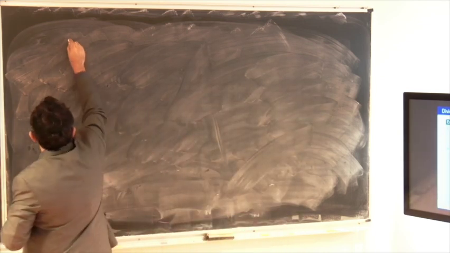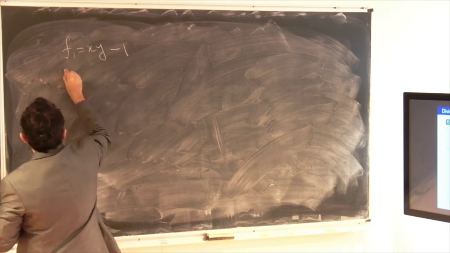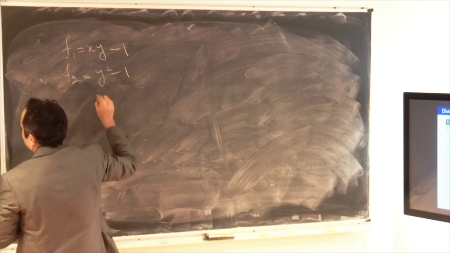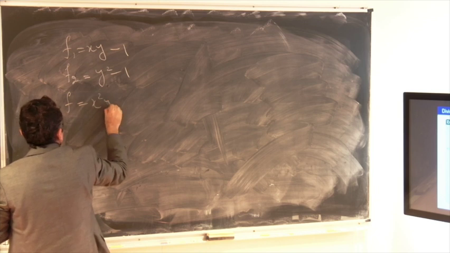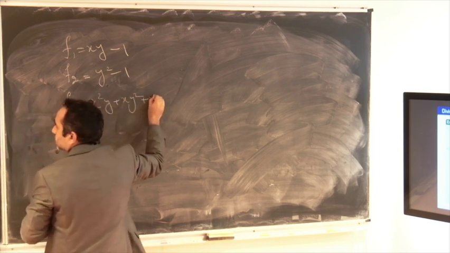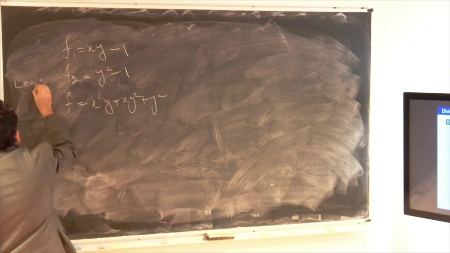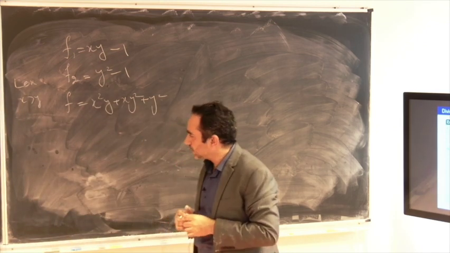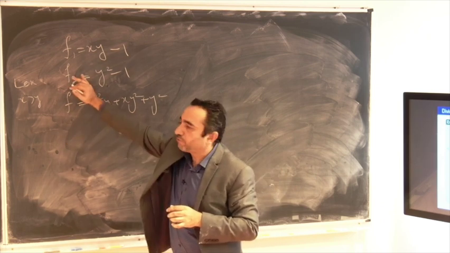So the example is: f1 is equal to xy minus 1, f2 is equal to y squared minus 1, and f is equal to x squared y plus x y squared plus y squared, and we are going to have lexicographical ordering with x greater than y. So let's focus on this example. In this example, we want to divide this f by f1 and f2.